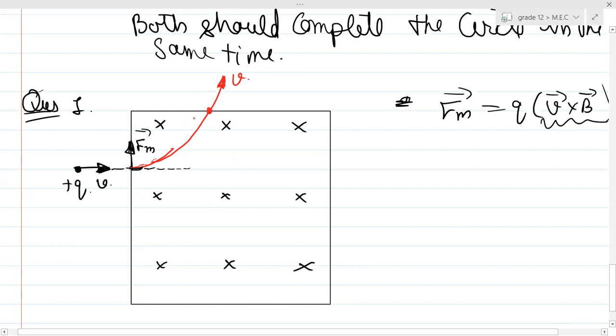Now the question is, what is this angle of deflection? Can you see this angle? Find the angle through which it got deflected.